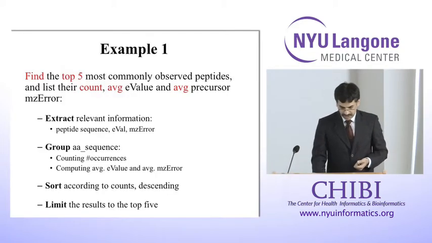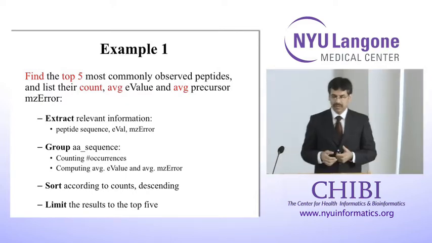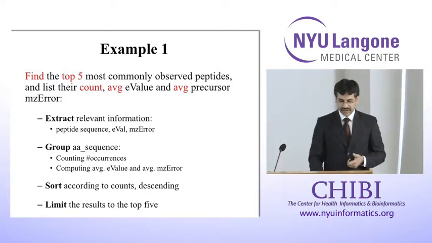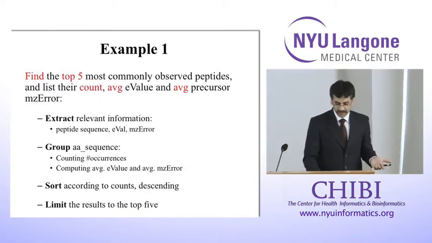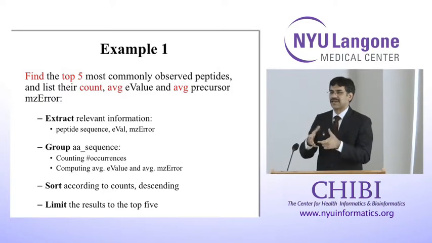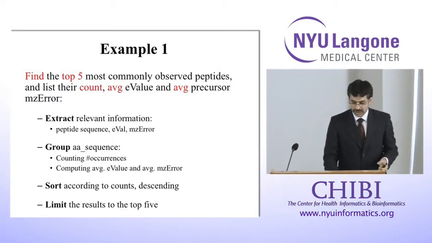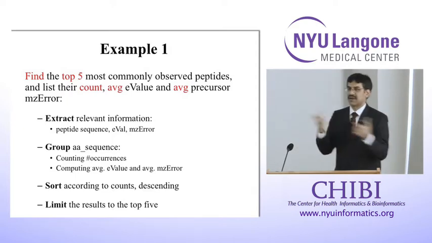I'll straight away give examples because that's the easiest. Let's say we are interested in finding the top 5 most commonly observed peptides and list their count, that means how many times they were observed, the average e-value, where the e-value is the confidence score assigned to the identification, and also compute the average precursor mass to charge error. So that's our operation.